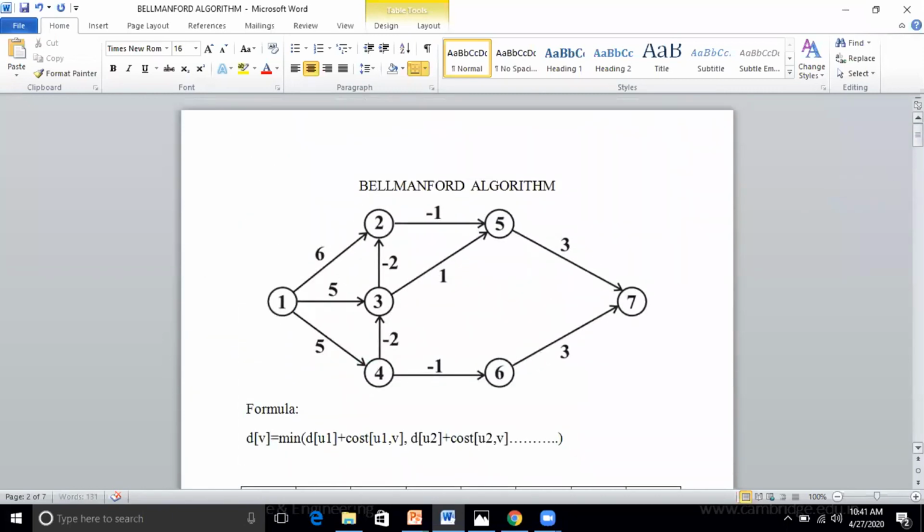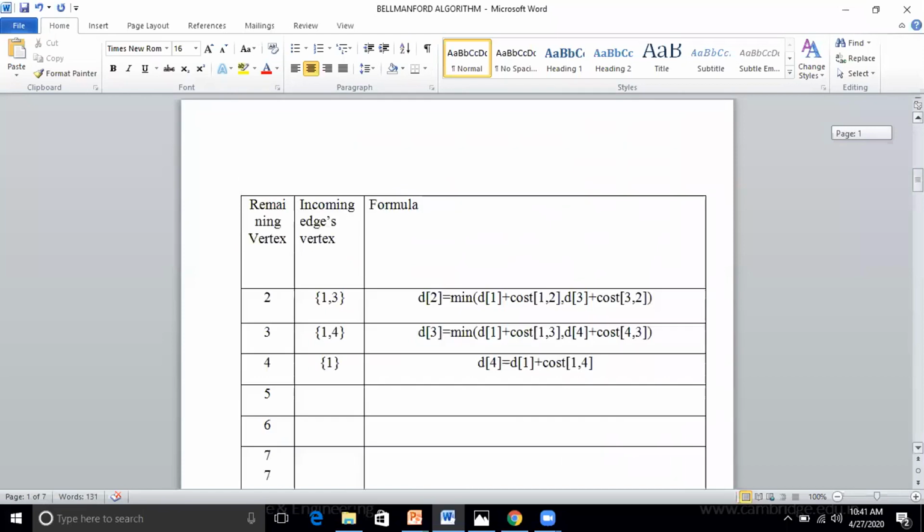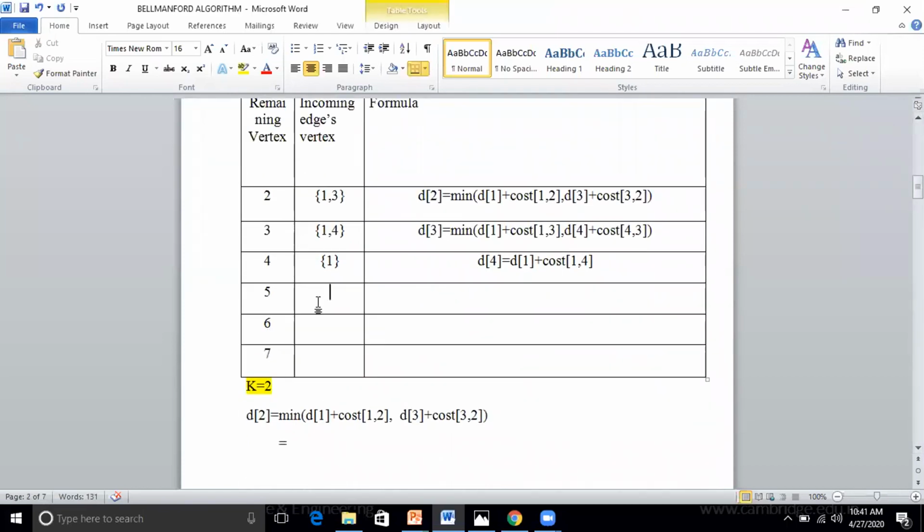Which are the incoming vertices for 5? 2 and 3. Can you all tell the formula for this?